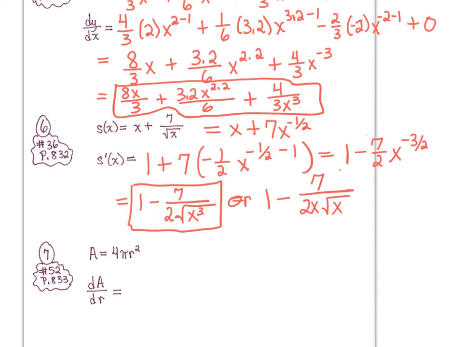Okay, so example 7, we have A is equal to 4 pi r squared. Here we need to find the derivative of A with respect to r. How do we do that?